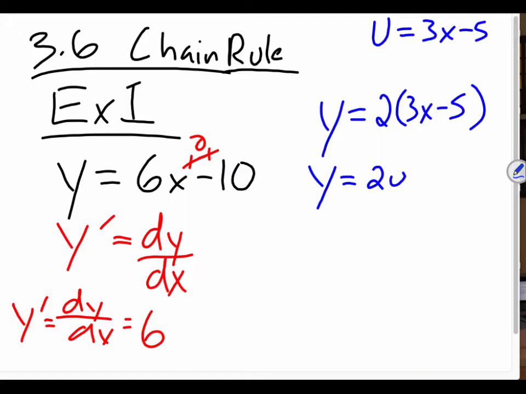So technically, when I say y prime, I'm going to have to say whatever the derivative is and tack on u prime. Does that make sense? So I'm going to take the derivative of u with respect to x, right? Because this is a function, u of x. Well, what's the derivative of this thing? 3, right? So it's just 3.